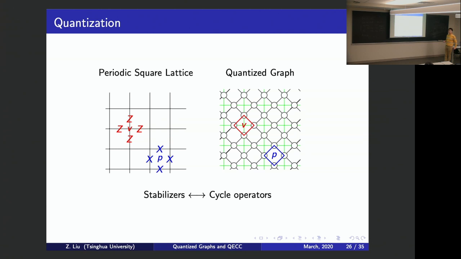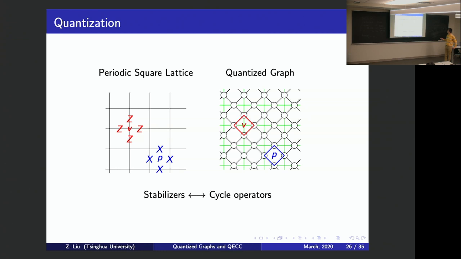Now let's do the quantization. Let's see what happens if we quantize this graph. So each edge now becomes a vertex. The green part on the right side is the lattice, and the black part is the quantized graph now. So each edge is replaced by a vertex, and each vertex becomes a region. Here I ignore the shading. Now this Pauli Z, if you look at it on the right side, again becomes a cycle operator.